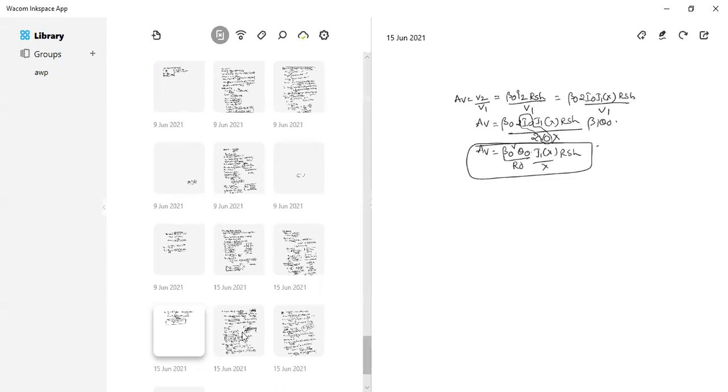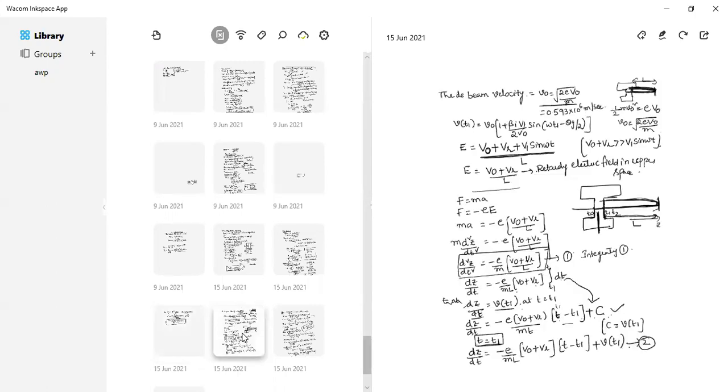Okay, next we started the reflex Klystron. We know in the reflex Klystron there are three voltages: one is the DC beam voltage, one is the RF input to the cavity, and another one is the repeller voltage. We first started our derivation with the round trip transit time. That is the time taken by the electron moving in the repeller space to be reflected back by the repeller and reach the cavity again; that is the round trip transit time.